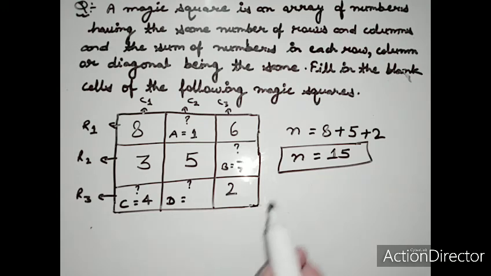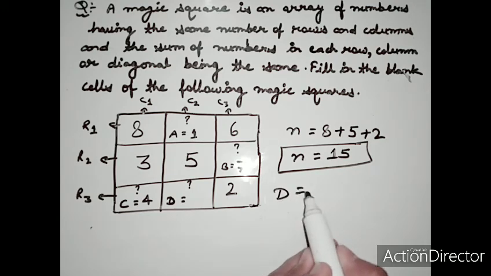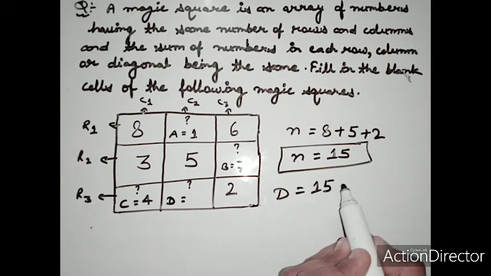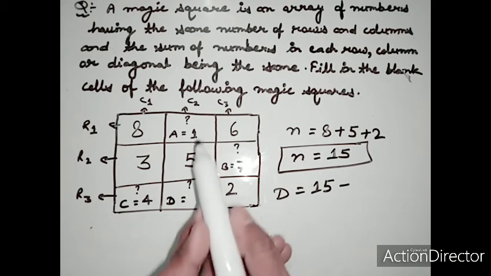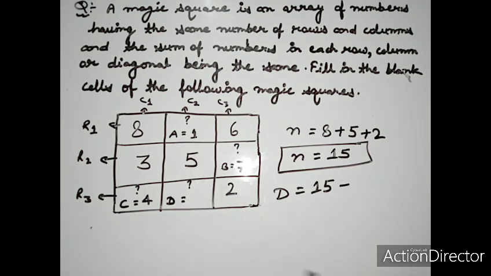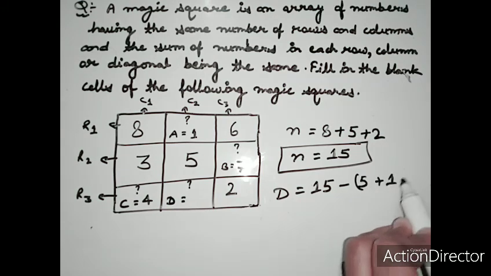Now for d, here we write d equals 15 minus, and add these two numbers, 5 and 1. We can also take these two numbers from the row or the column. It depends on you. Okay, so here we take 5 and 1, 5 plus 1.